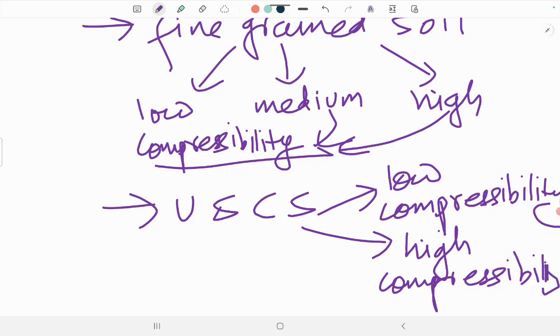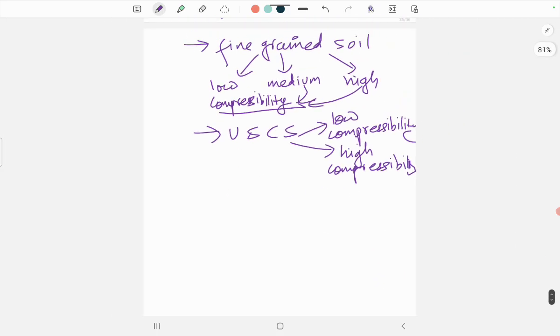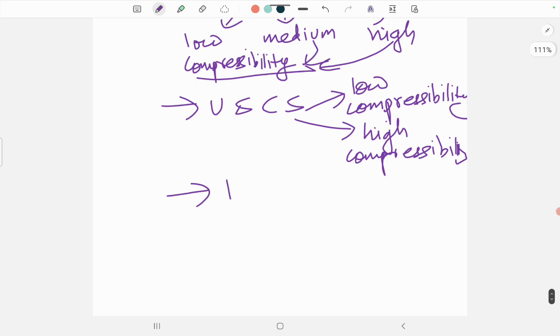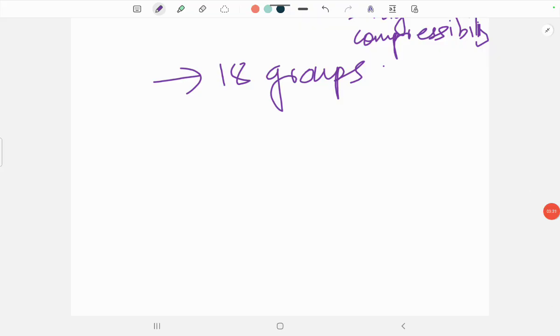So first, we already know that soil is classified into the 18 groups. Now we learn about the symbols. There are primary symbols and secondary symbols.